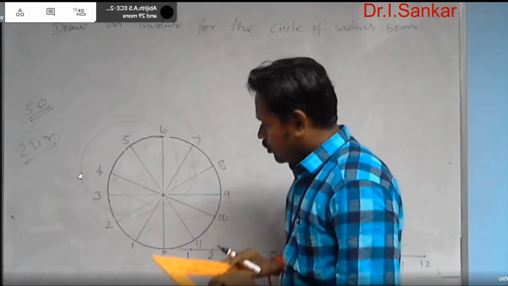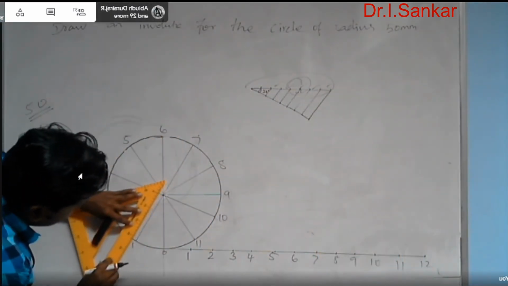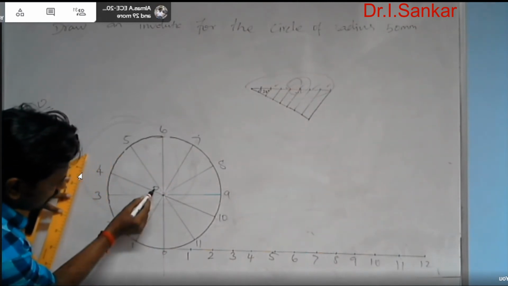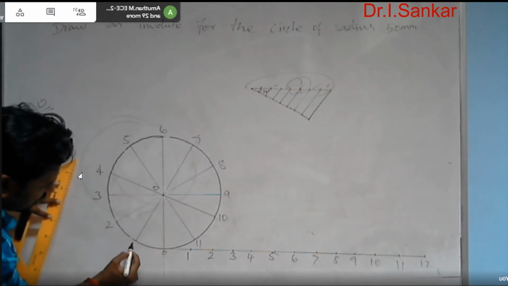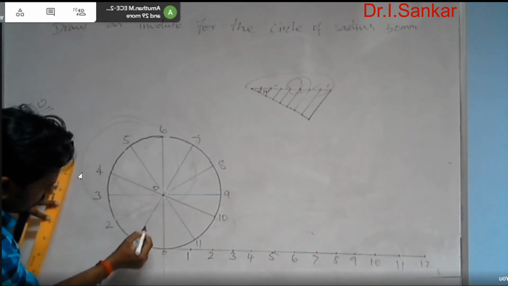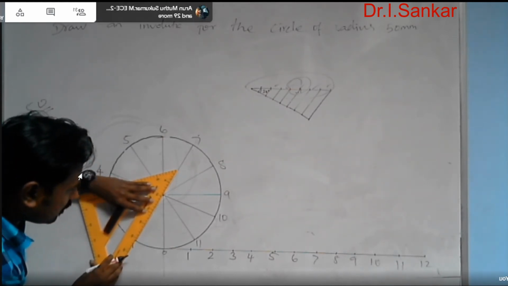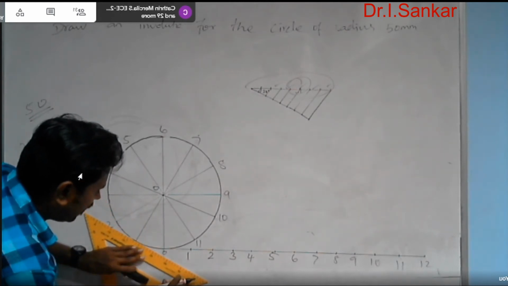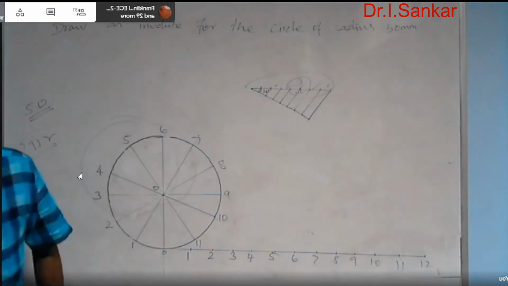Now use your drafter and set one scale of the drafter parallel to this O1. O is the center of the circle, and 1 is the first sector terminal. So O1 is the line. One scale of the drafter should be parallel to O1. Automatically the other scale will be perpendicular to O1, because the drafter is an L scale.